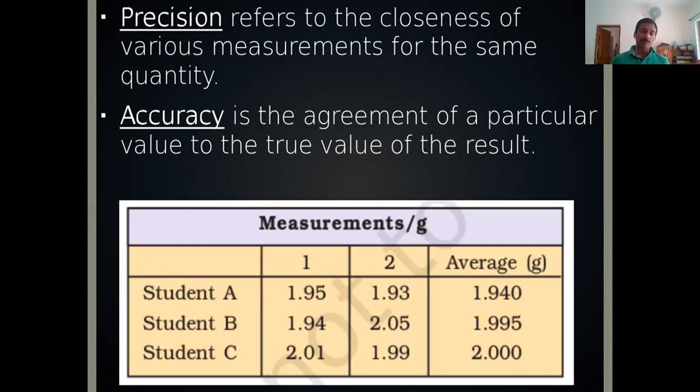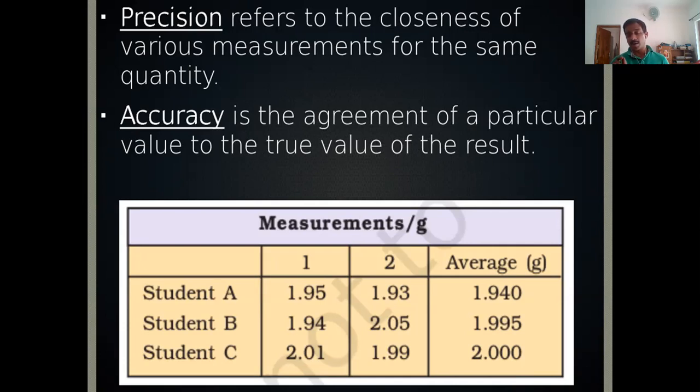But what is accuracy? Accuracy is the agreement of a particular value to the true value of the result. If the measured values are very close to the accurate value, then the measurement has accuracy. We can say the measurement is accurate. For example, you see the case of student B, 1.94, 2.05, average is 1.995.